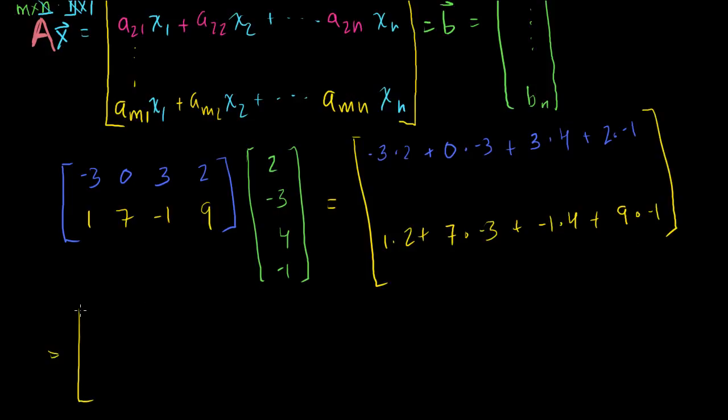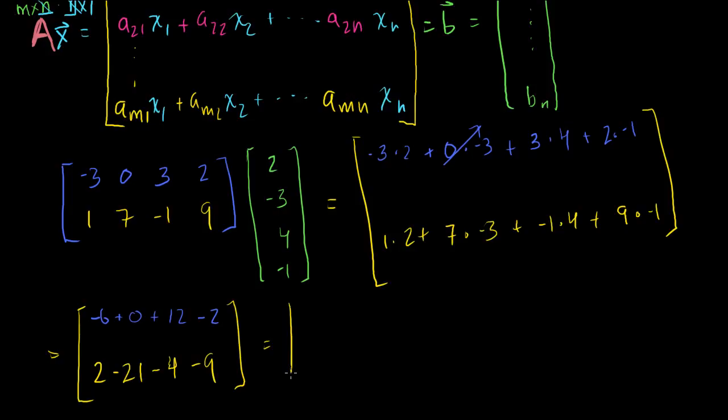This is equal to -3 times 2 is -6, plus 0, plus 0, plus 12, minus 2. And then this simplifies to 2 minus 21, minus 4, minus 9.